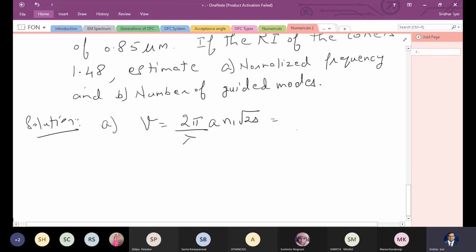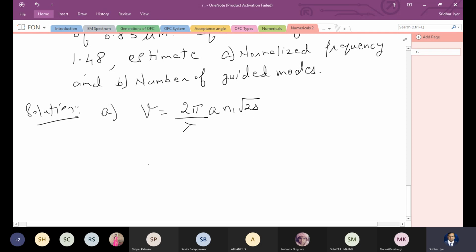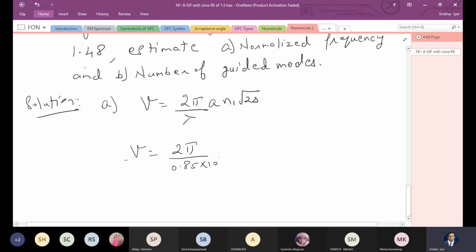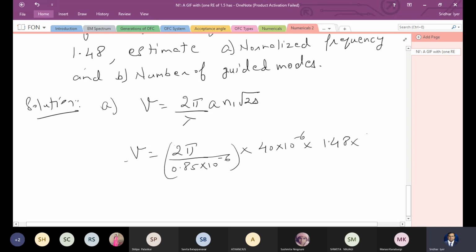So right here, 2 pi by lambda is 0.85 micrometer, 10 raised to minus 6, into A, which is core diameter is 80, so we have 40 micrometer, into N1, which is 1.48, into 2 into delta, where delta is 1.5%, so we have 0.015.